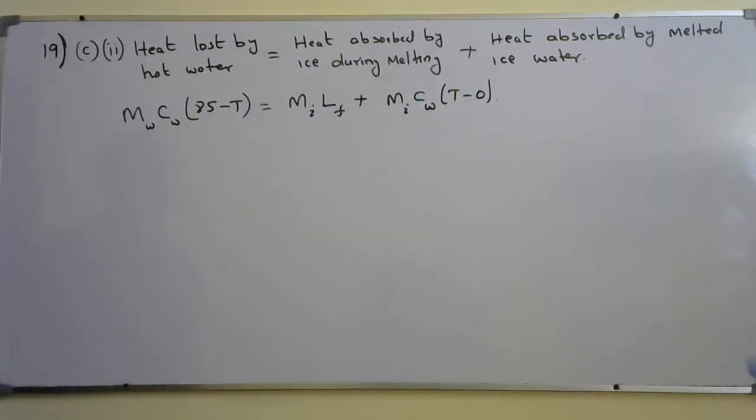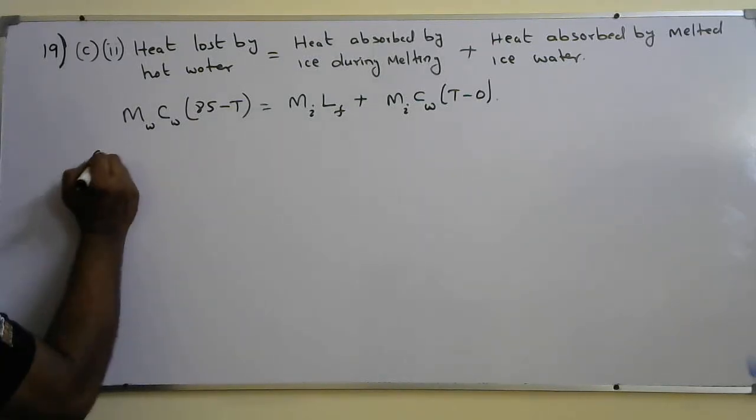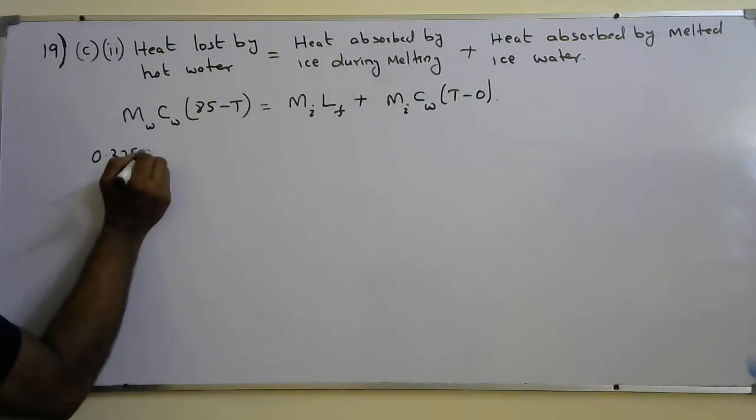That's all. So substitute the values. Everything we know, we need to find the T. Mass of water is 325 grams, so 0.325 kg.